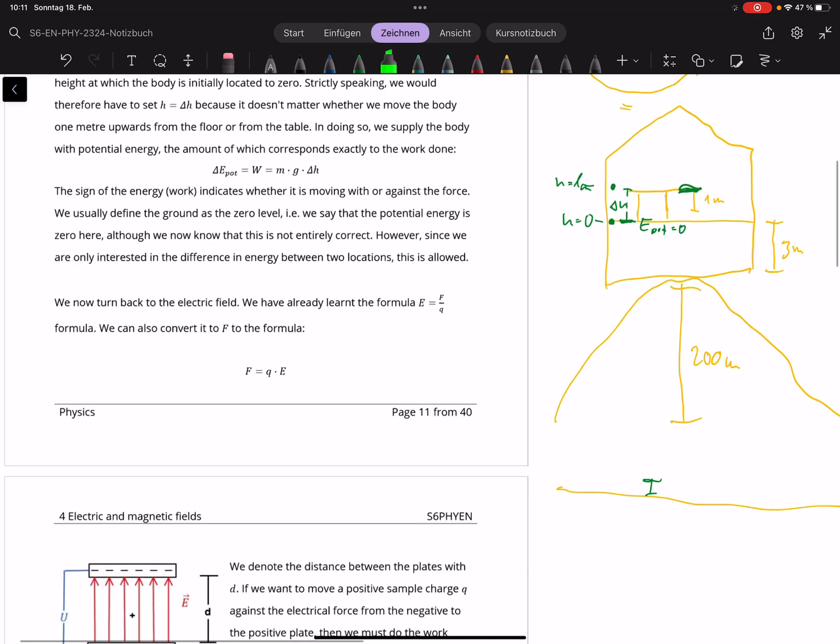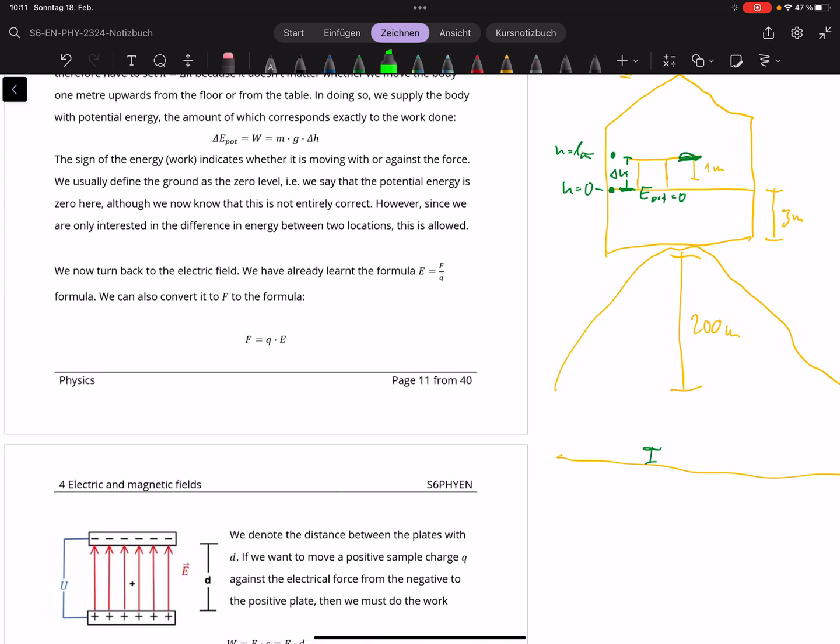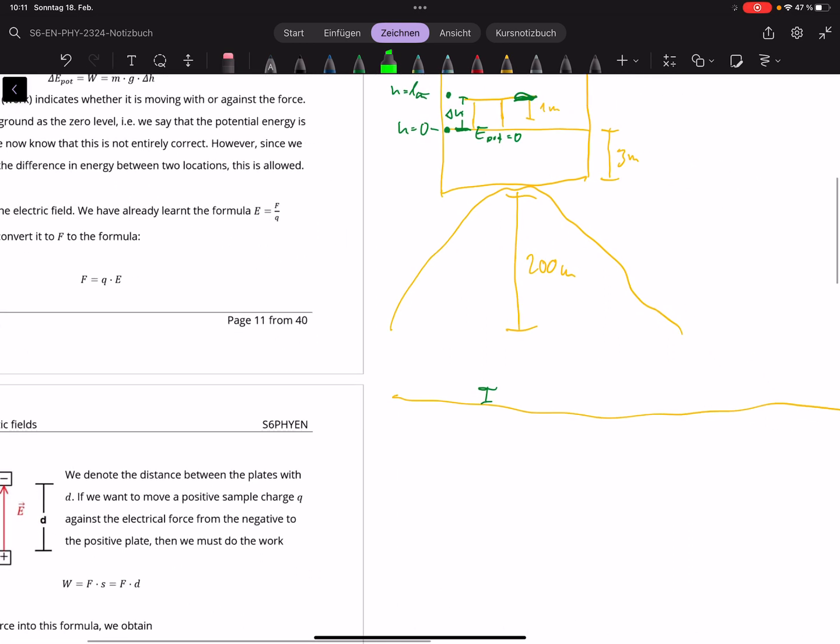And now we turn back to the electric field. And what we have already learned is that the field strength is force divided by mass. Now, what does that actually mean, or why do we say that?